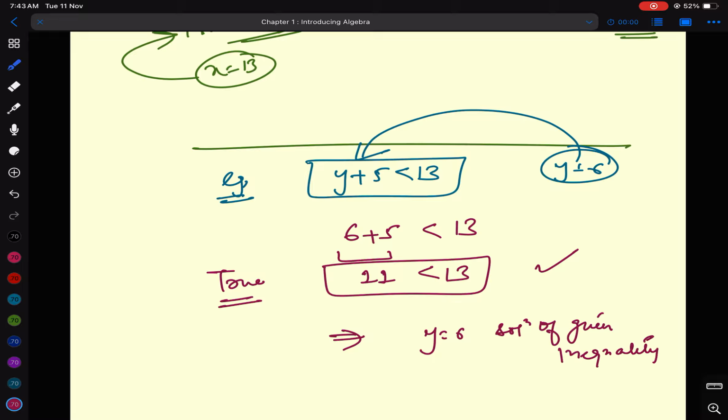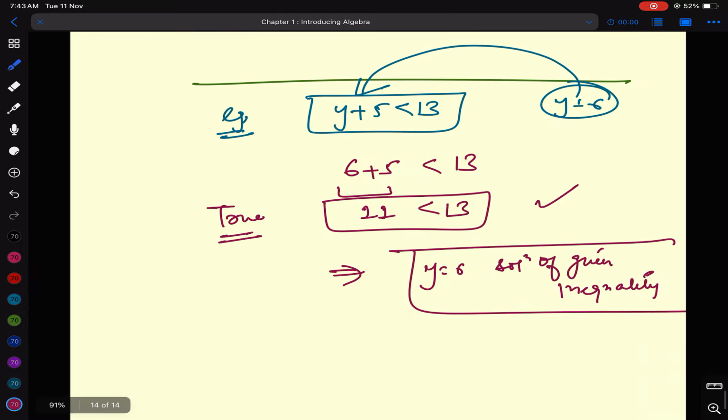Clear? So I have taken examples of all the cases: when it was an equation and that turned out to be false, I have also taken the example of an inequality where it turned out to be false, and the third one was an inequality where it turned out to be true. Clear? So this was all about lesson number 6, which was a part of this chapter.